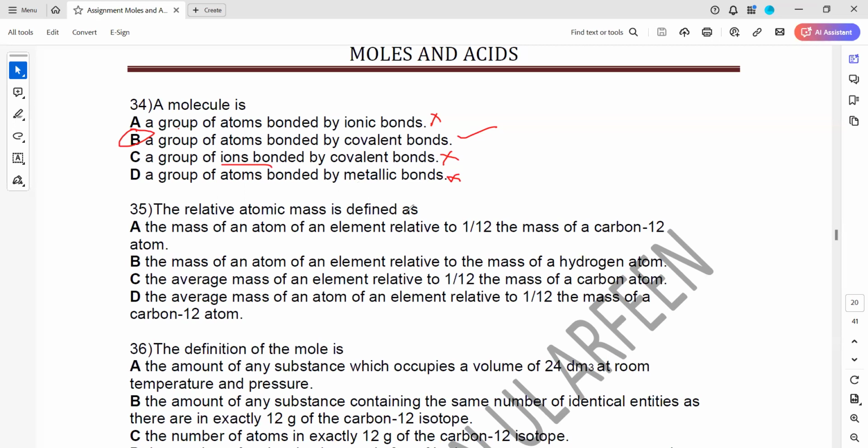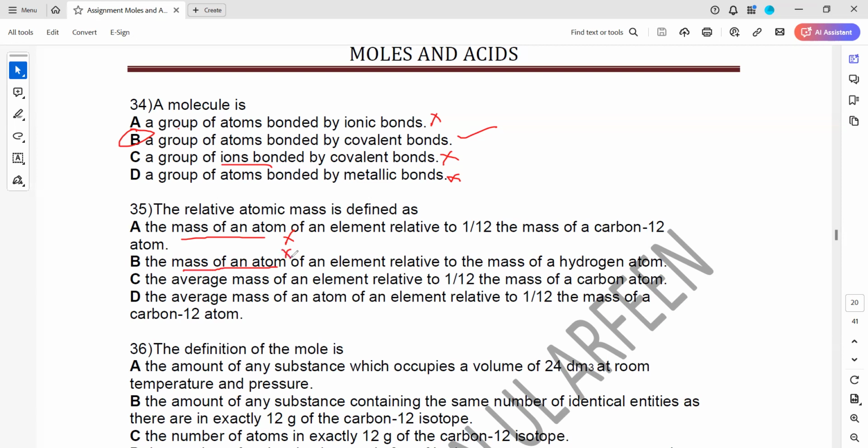The relative atomic mass is defined as. So what is the standard definition of relative atomic mass? It's the average mass of an atom which is compared with the 12th part of carbon 12. So "mass of atom", that's wrong. It should be average mass.